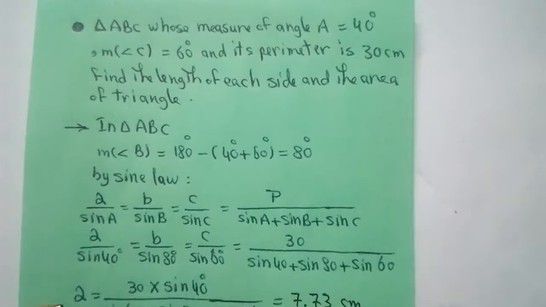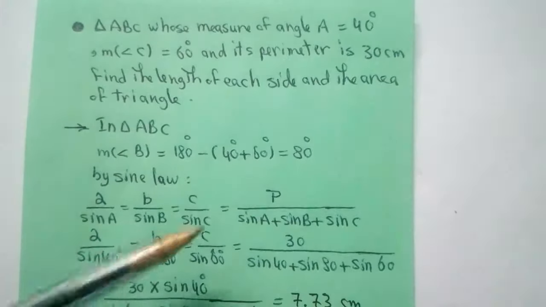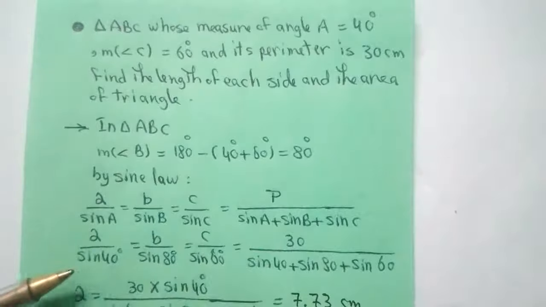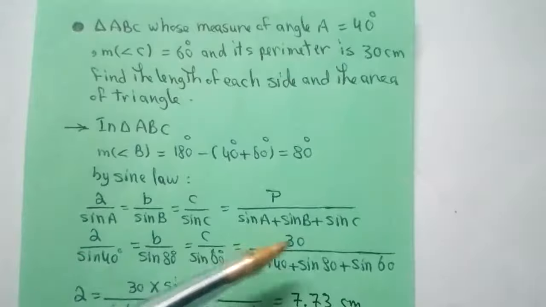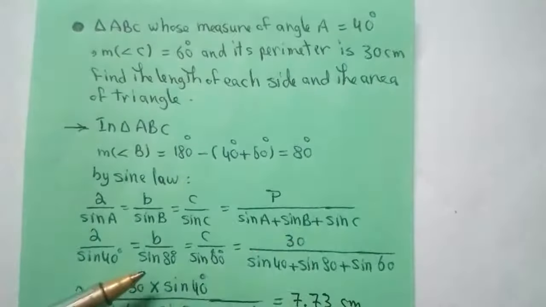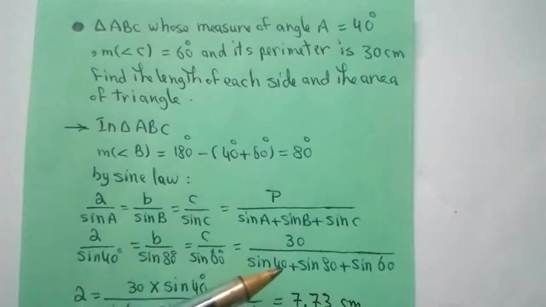We get a by cross multiplication: 30 times sine 40 over sine 40 plus sine 80 plus sine 60, which will be 7.73 centimeters. We get b by cross multiplication: 30 times sine 80 over sine 40 plus sine 80 plus sine 60, which will be 11.84 centimeters.